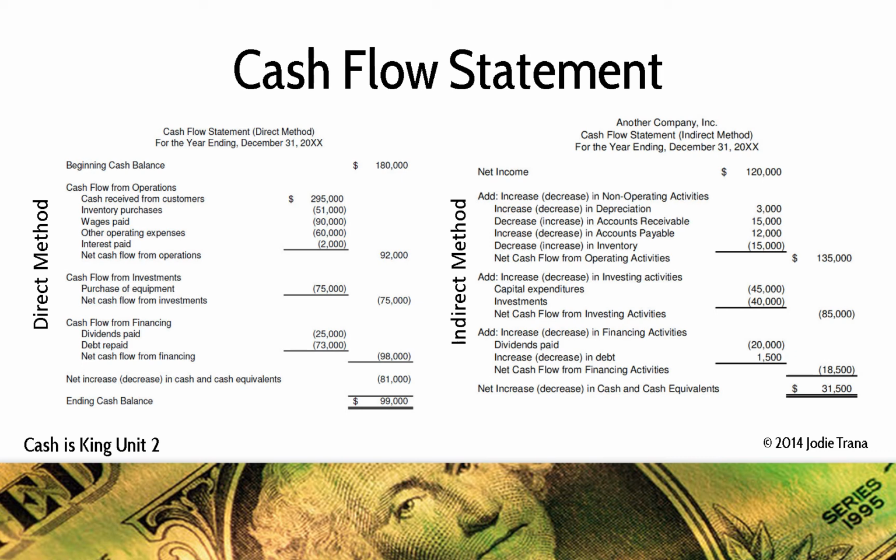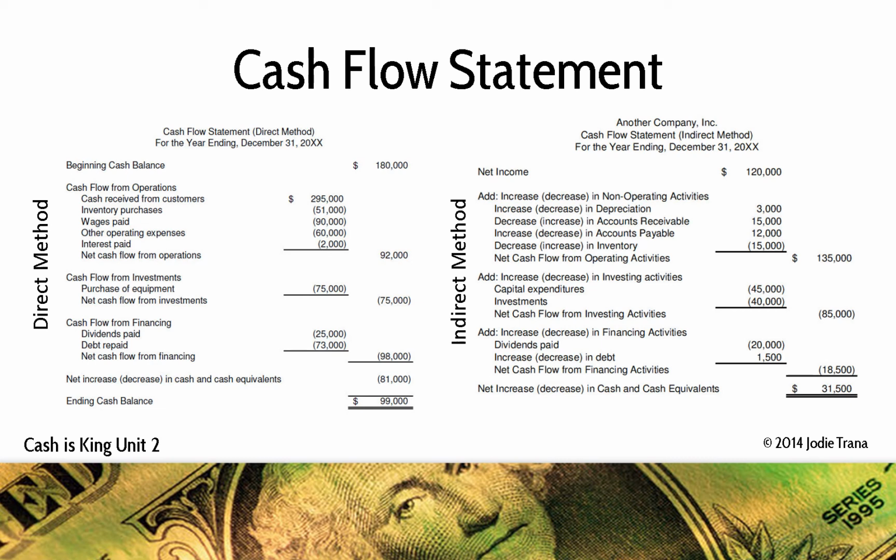It's such an easy concept, cash in and cash out, but the cash flow statement itself really can be very confusing. The traditional cash flow statement can be difficult for non-financial managers to read, and even some financial people have trouble with it. The labels on the cash flow statement, particularly the indirect method, can be very confusing.